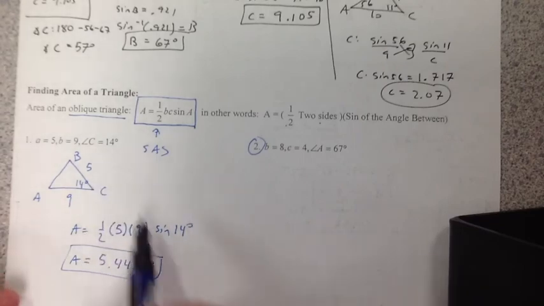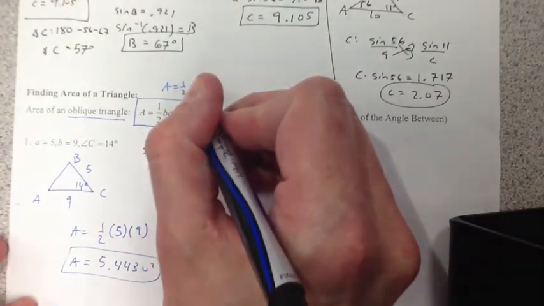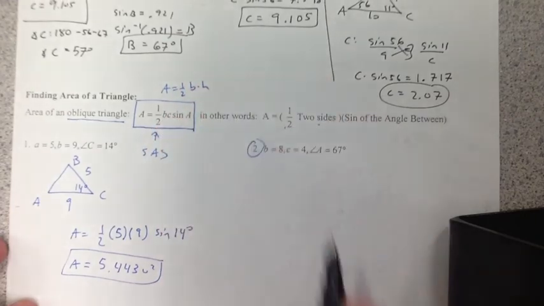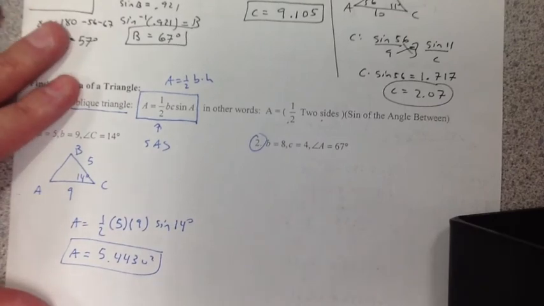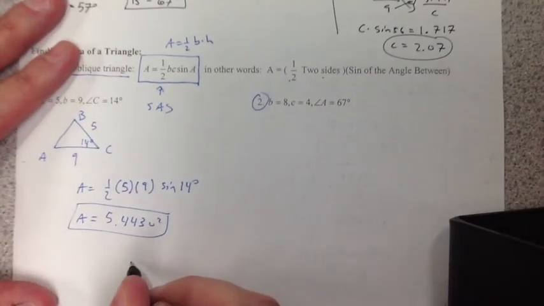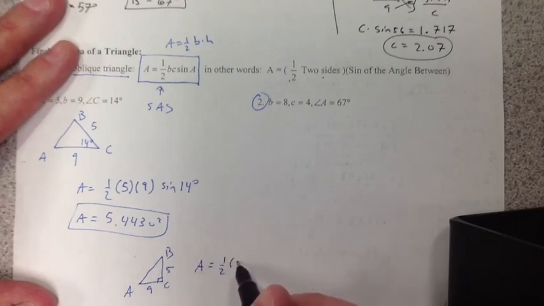Now, the one thing I do want to mention is, does this match our normal formula? A equals 1/2 base times height. And the answer to that is yes. And the reason for that is very simple. Imagine you have this angle right here. A, B, C, where C is 90 degrees. If this was 9 and this was 5, my rule would be very simple. 1/2, using our new rule, 5 times 9 times the sine of 90.